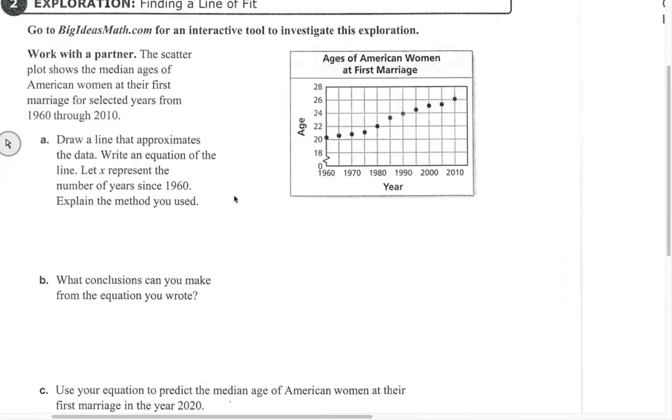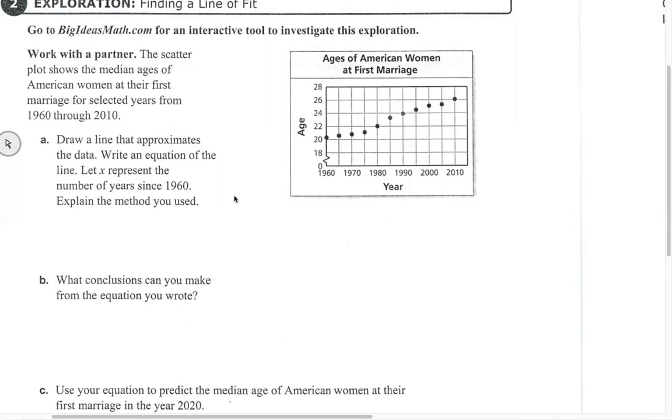Next question. So let's turn the page. The scatter plot shows the median ages of American women at their first marriage, selected years from 1960 through 2010. I don't know why this is all about marriage, but it is what it is. All right, so Jordan, it says draw a line that approximates the data. Do you think you can do that?